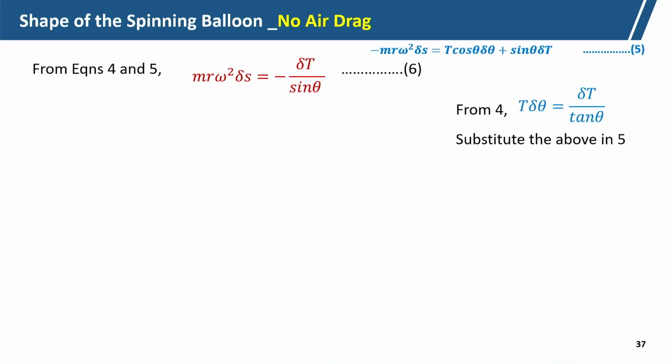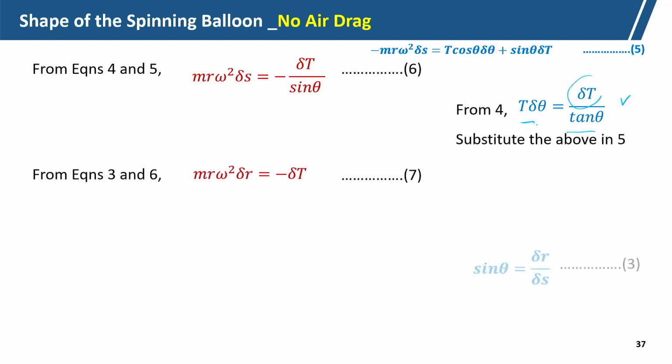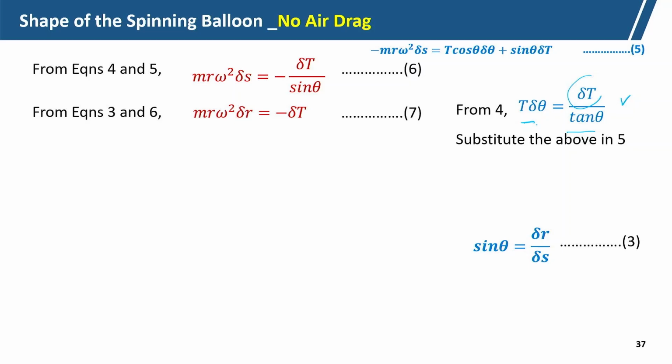Now from equation 4 and 5. What is equation 4? This is equation 4: delta T by T equal to tan theta delta theta, which we have already got, and equation 5, sin theta equal to delta r by delta s, and equation 3, substituting equation 5.